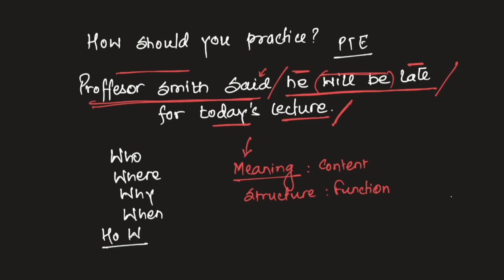For example, will be is a very common combination of words. These kinds of things we don't have to remember separately. We'll just remember because of our long-term memory. Our short-term memory should be used to remember the content words. So these are a few things that you should do to improve your skills for Write From Dictation.